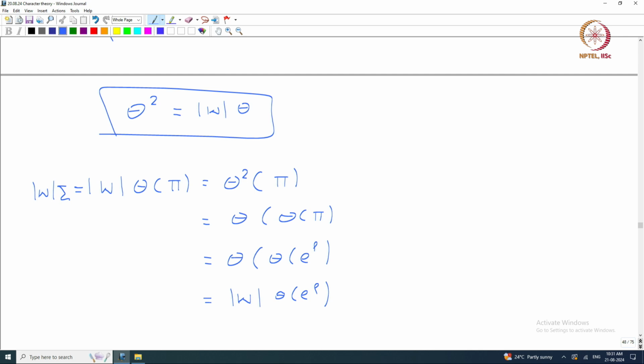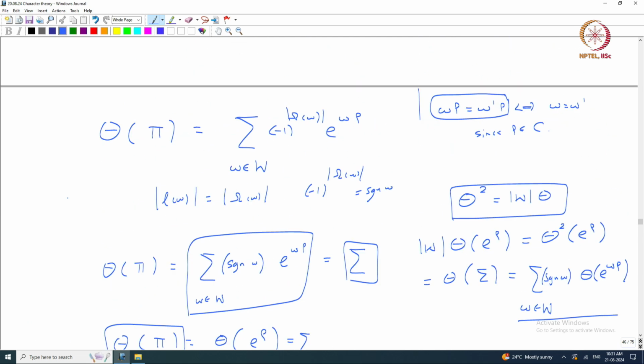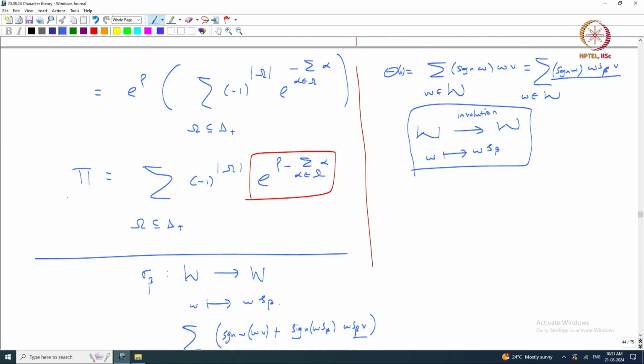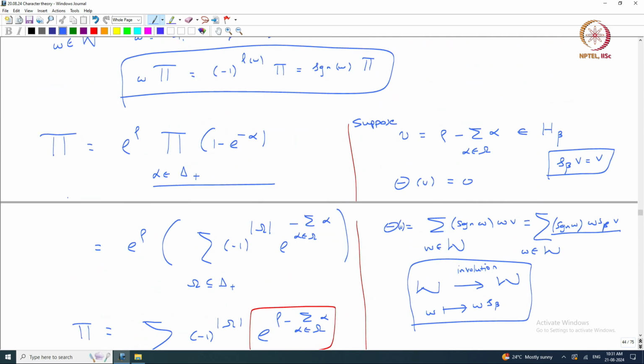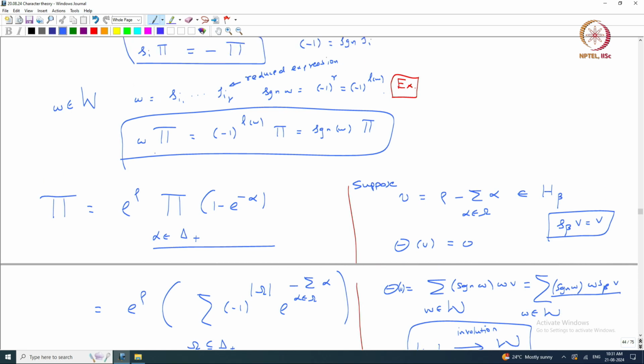We already have, what is pi? So, theta of pi we already computed. Okay, what is theta of pi? Theta of pi we already computed in two different ways. So, I guess I already told you, w of pi is nothing but sine of pi.